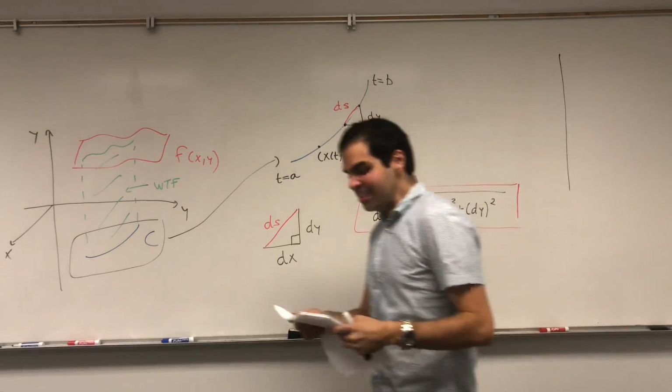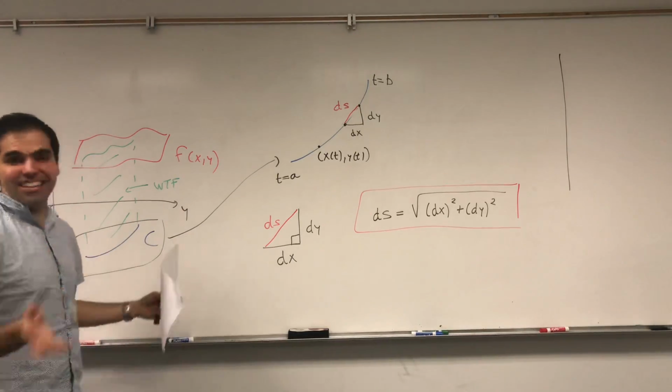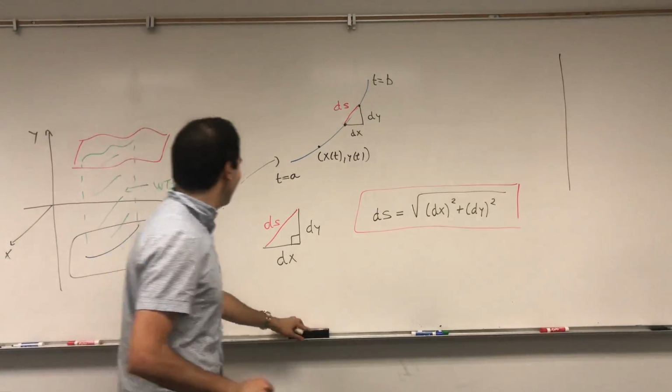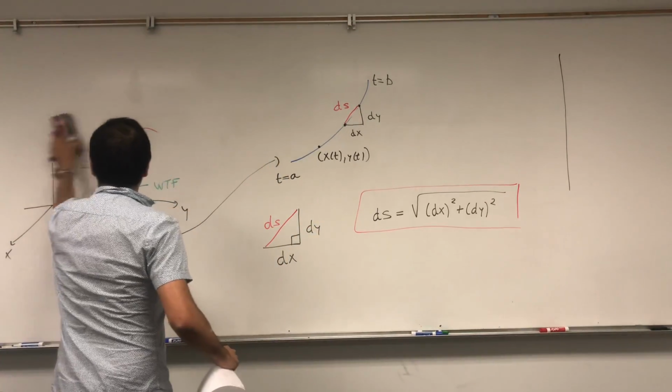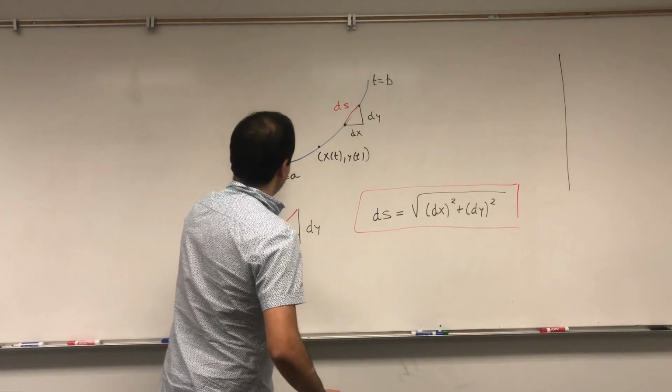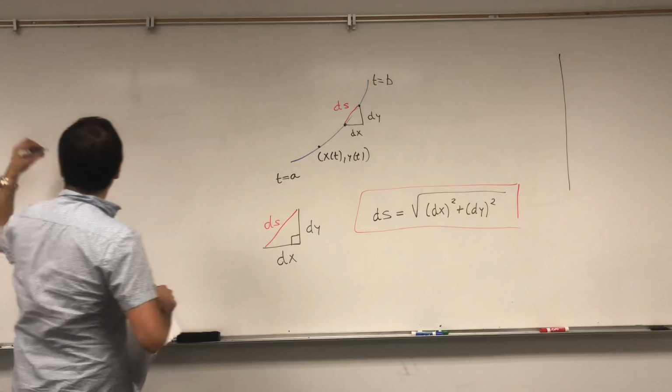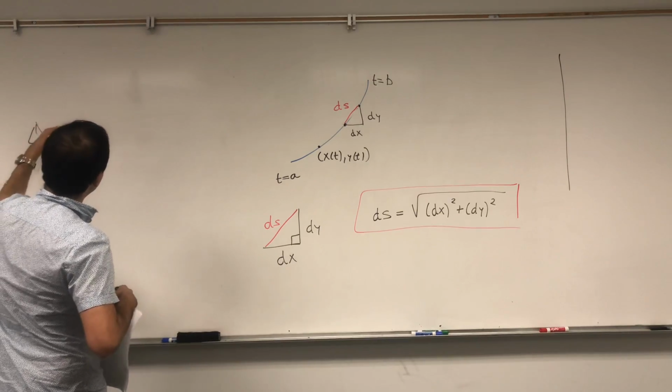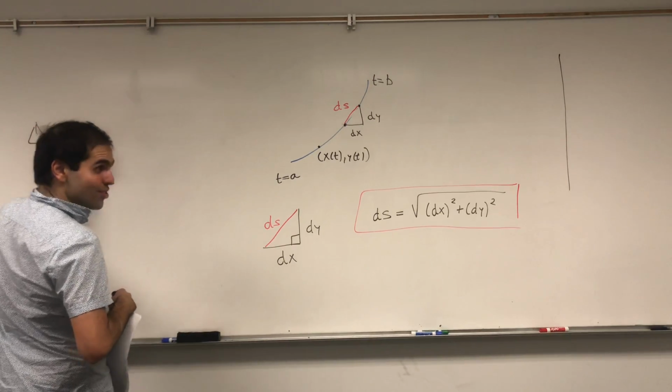Now, here comes a little trick. The trick is, as usual, to use the chain rule. Super important trick, that's why if you're my student, you should watch this video.